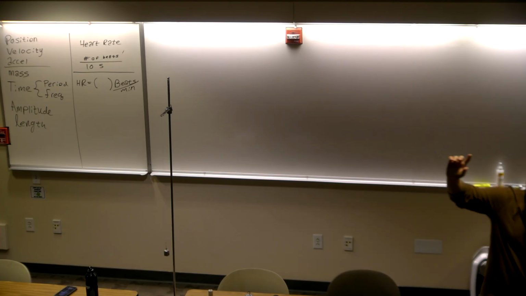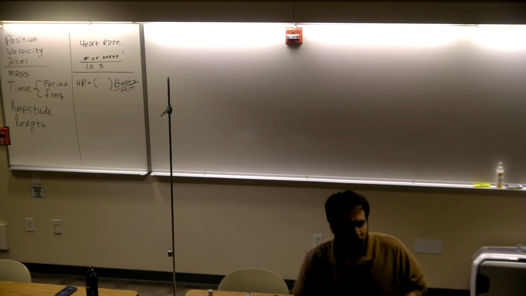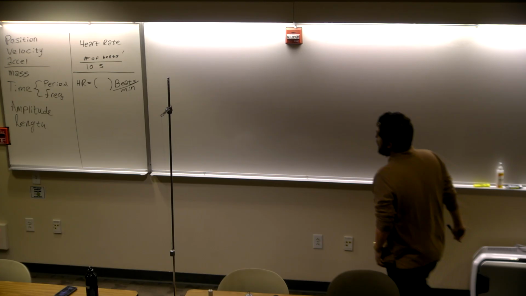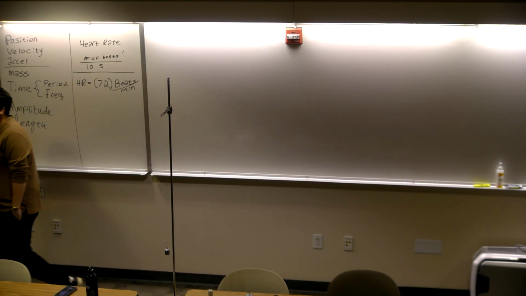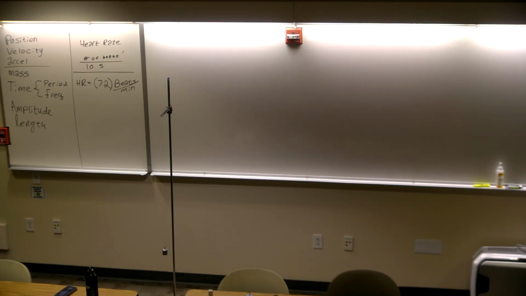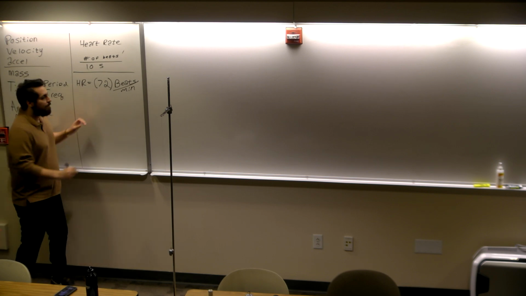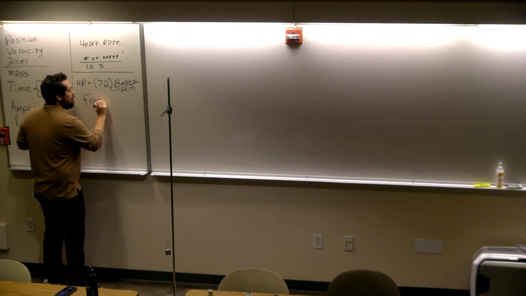I got 72. 72 beats per minute. What does that mean? That means there's 72 occurrences of a beat happening per minute. The frequency of the beats is 72 happening in a minute. Does that make sense? This is a description of frequency.